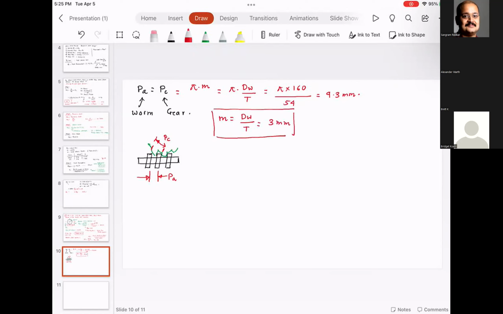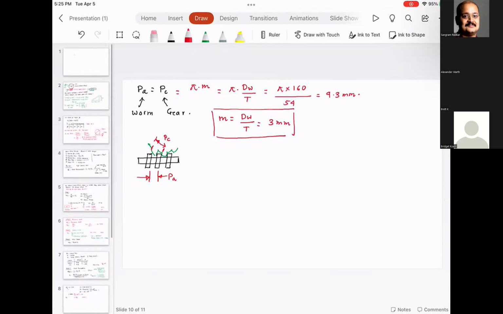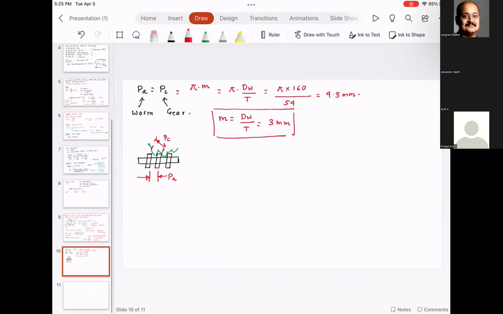So with that, I have some basic dimensions already worked out.